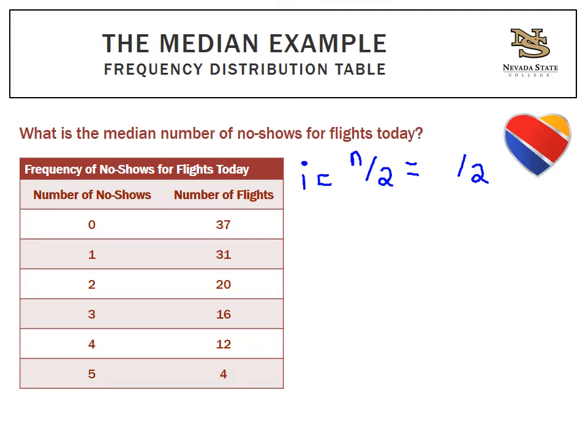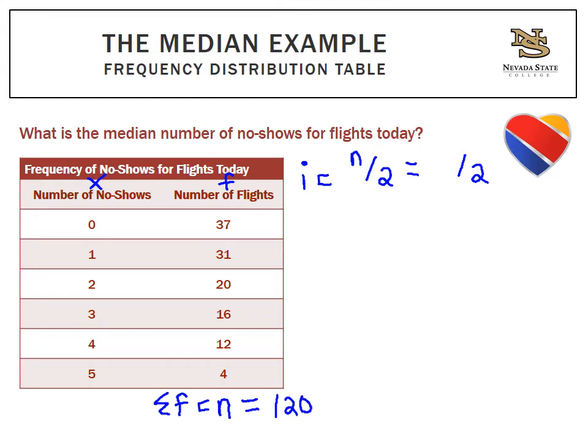So in this example, our X value is the number of no-shows, and then our frequency is the number of flights. So our sample size, our N, is going to represent the total number of flights in our data set. So to figure that out, we need to take the sum of the frequencies. That equals our sample size. And if we add 37 plus 31 plus 20 plus 16 plus 12 plus 4, you end up with 120.